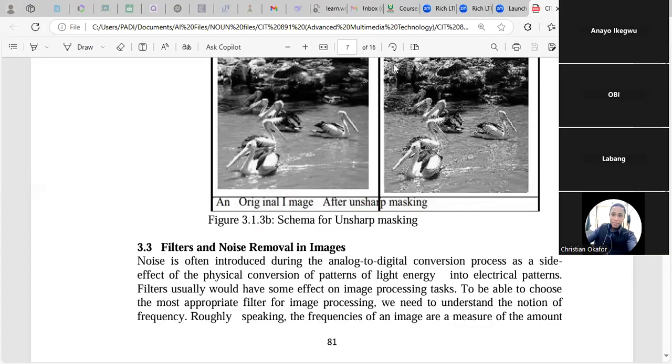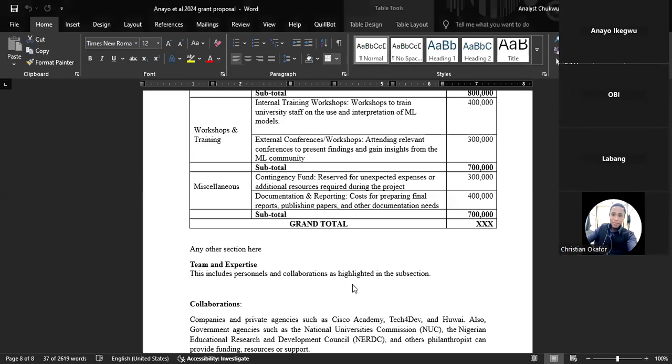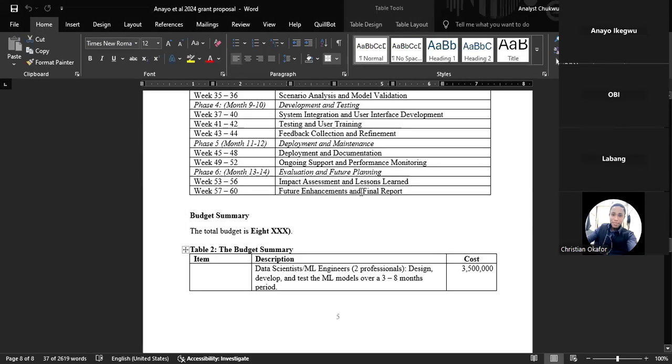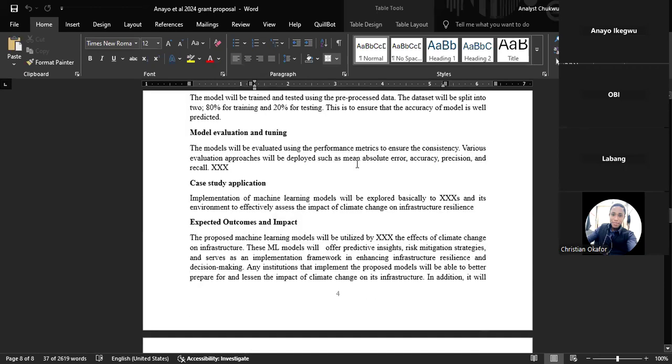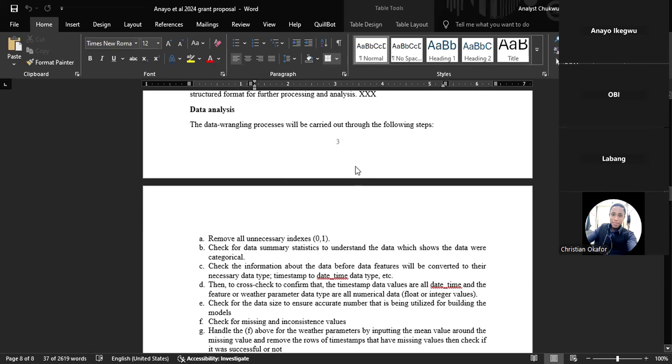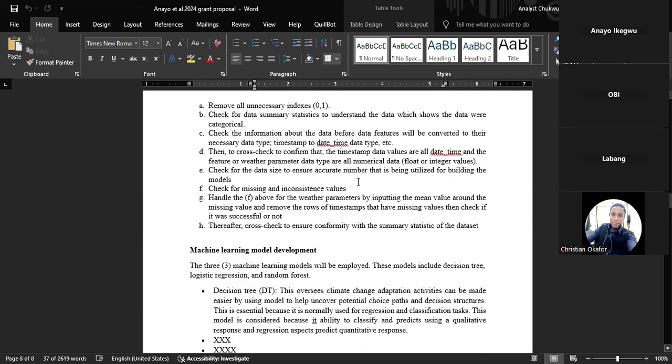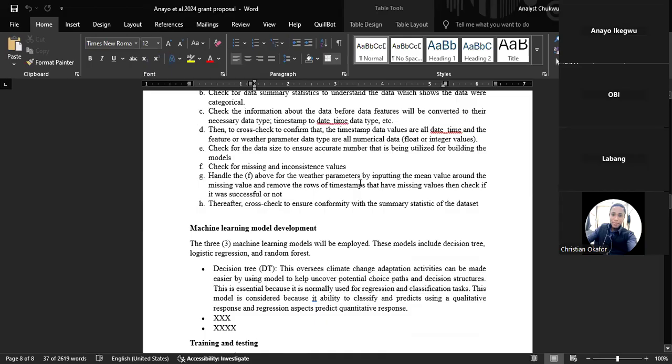So if you're using Microsoft Word, maybe for instance, let me see. This is Microsoft Word. Can you people see my screen, my MS Word screen?